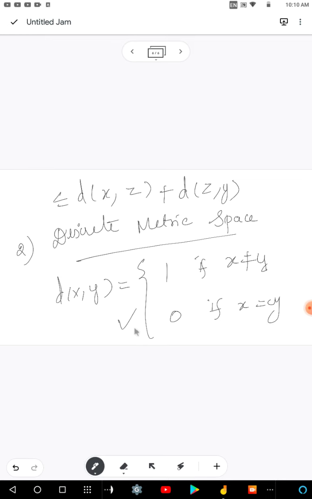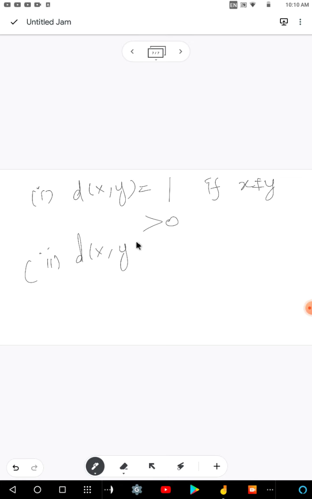So this is a discrete metric space. Does this satisfy the axioms? Let's check. The distance between x and y is 1 if x is not equal to y, which implies it is strictly greater than 0. Second, the distance between x and y equals 0 if and only if x is equal to y. These two come from the definition.